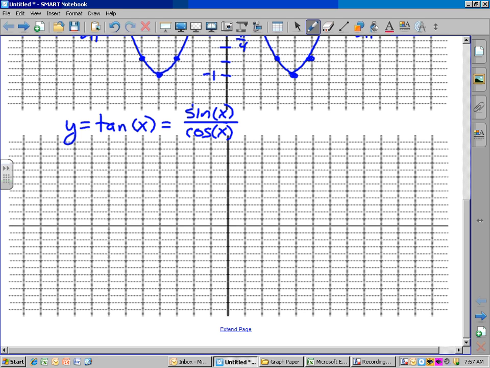So when we're figuring out where the tangent graph is, we're going to basically just look at where the sine and cosine is and figure that out. So we'll go ahead and continue with the increments of 1 and negative 1. And we'll go ahead and keep the 45s from 2 pi to negative 2 pi.